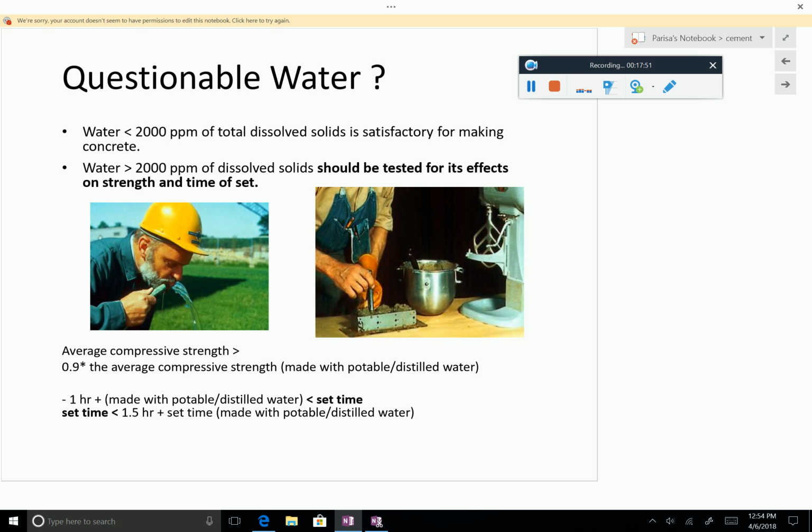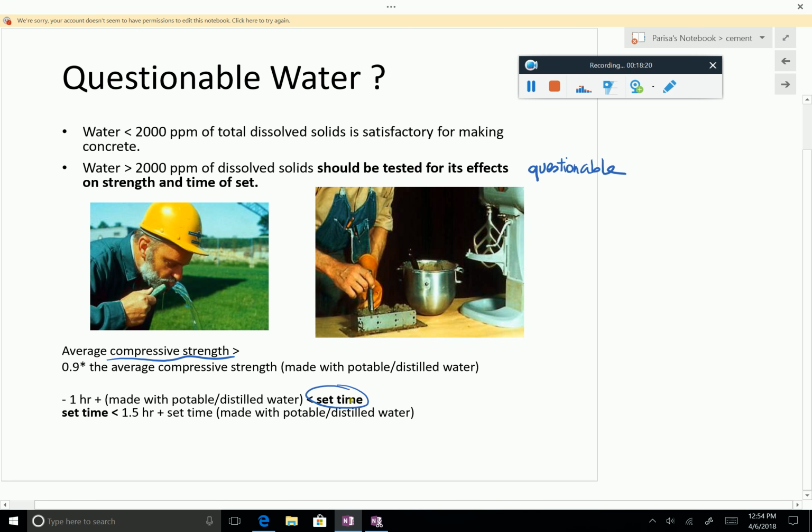And it's typically very simple. You make samples with the questionable water, and you compare the compressive strengths of samples made with pure water and those made with questionable water. And if the strength is at least 90% of the pure water samples, then you're okay.